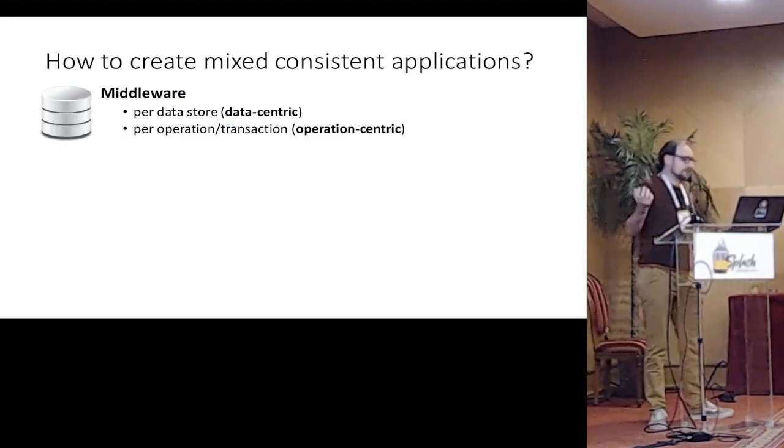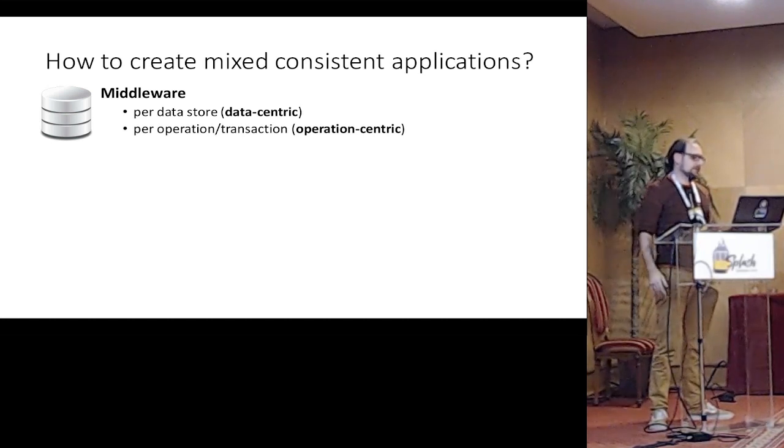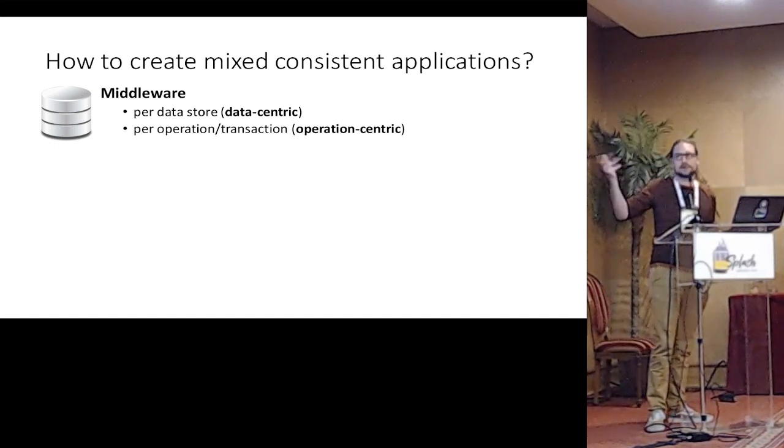Now, first of all, how would you create a mixed consistent application? For example, you can choose different middleware. So you can store weakly consistent data in one database and strongly consistent data in another database. You can also use middleware where you can tune the consistency on a per operation or per transaction basis.